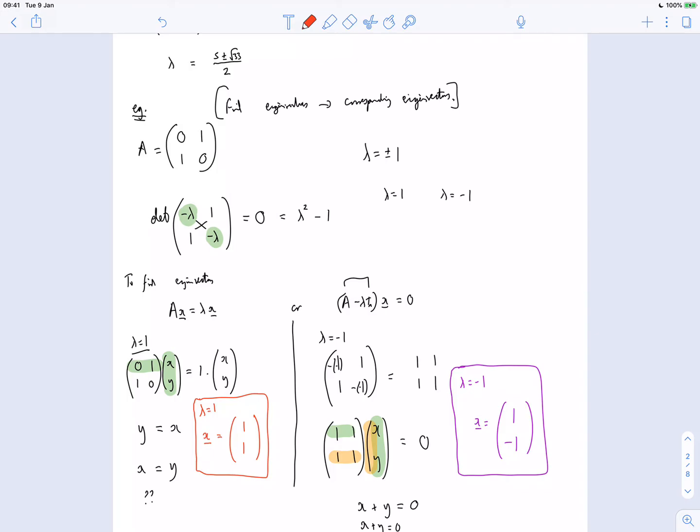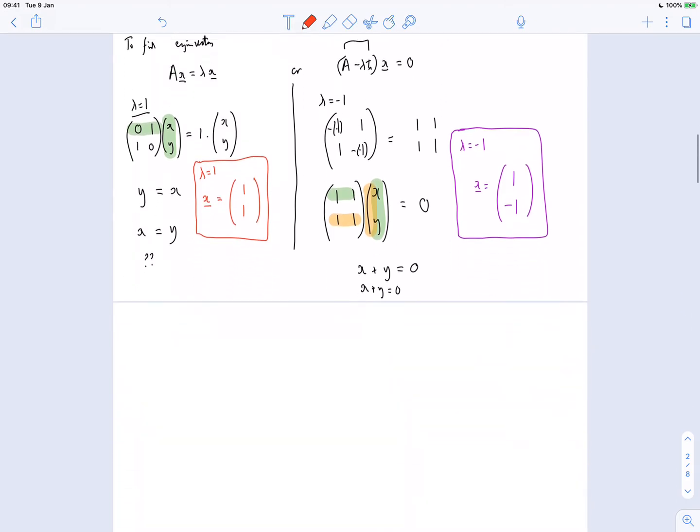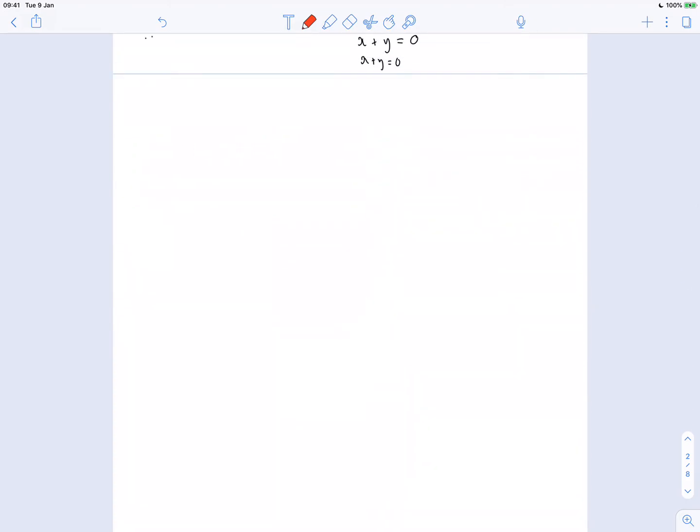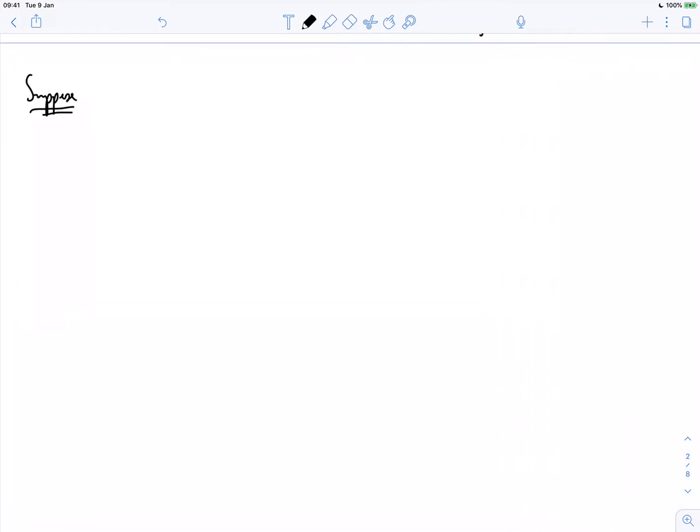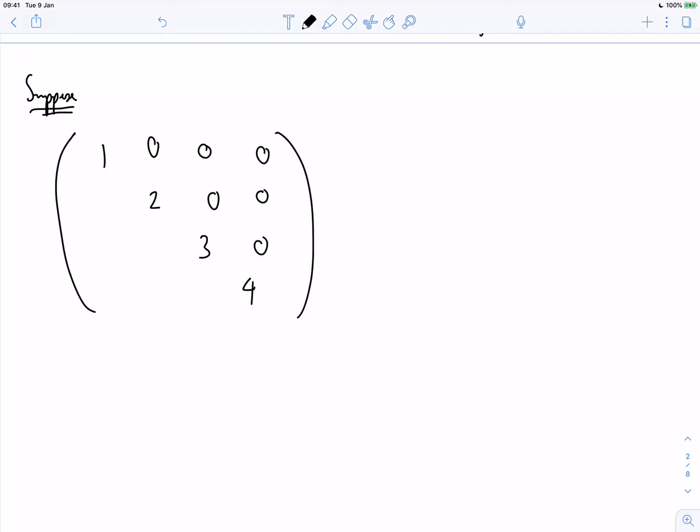We're now going to play around with this a little bit. We haven't quite finished. So let's suppose I've got a matrix looking like this. I've got loads of different numbers going down the leading diagonal, but zeros everywhere else.